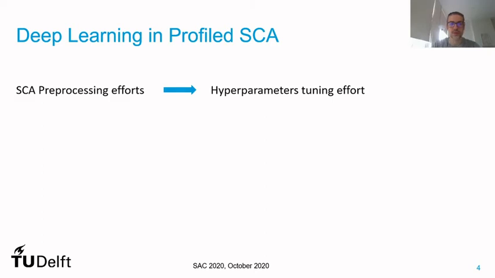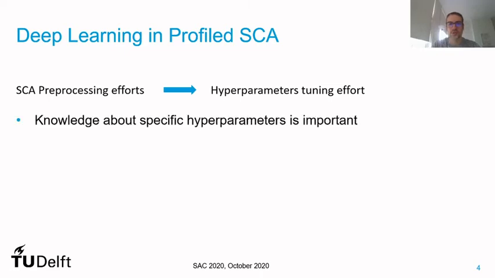Side channel pre-processing can be alignment, filtering, or points of interest selection mainly. These parts are not strictly necessary when you're using deep learning, because this process is done automatically by the neural network. So the hyperparameter tuning effort now requires quite some attention.